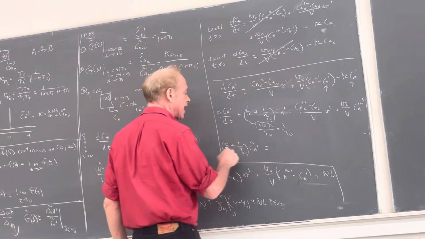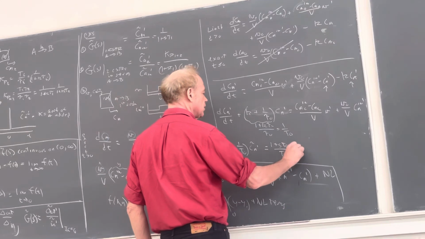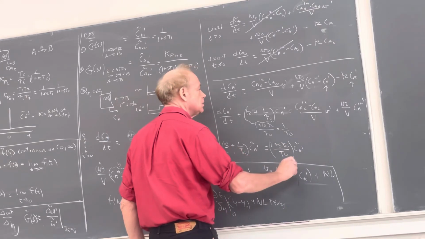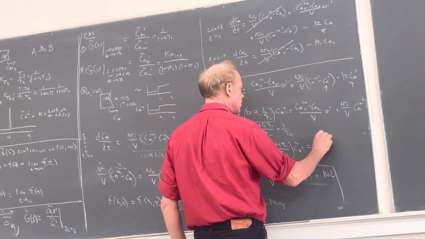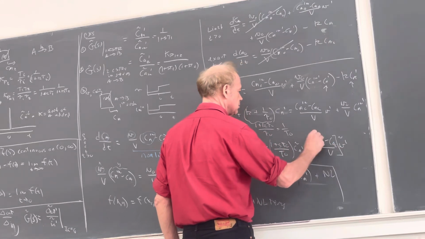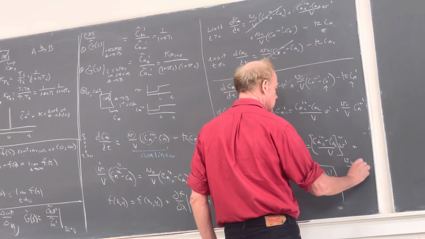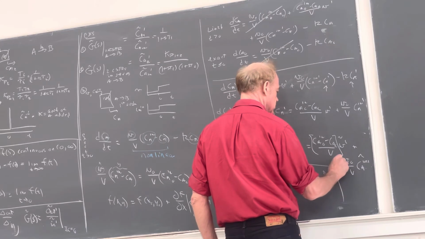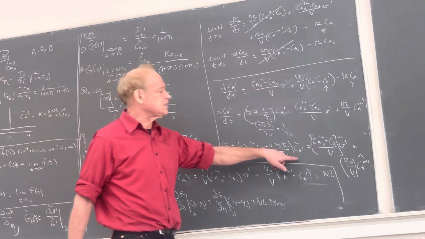Which I can rewrite as 1 plus s tau0 over tau0 times CA prime tilde, and that's equal to CA0 in minus CA0 over V times V prime tilde plus v0 over V CA in prime tilde. And now I just solve for CA prime tilde.